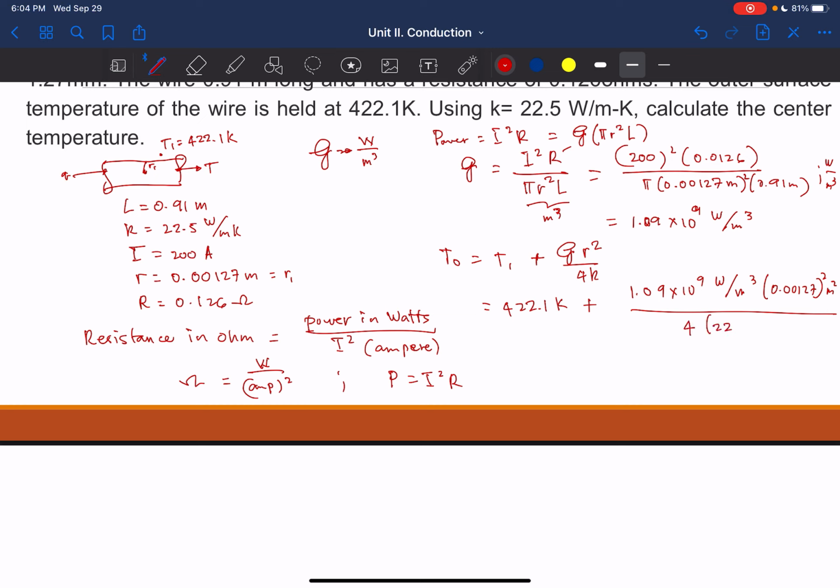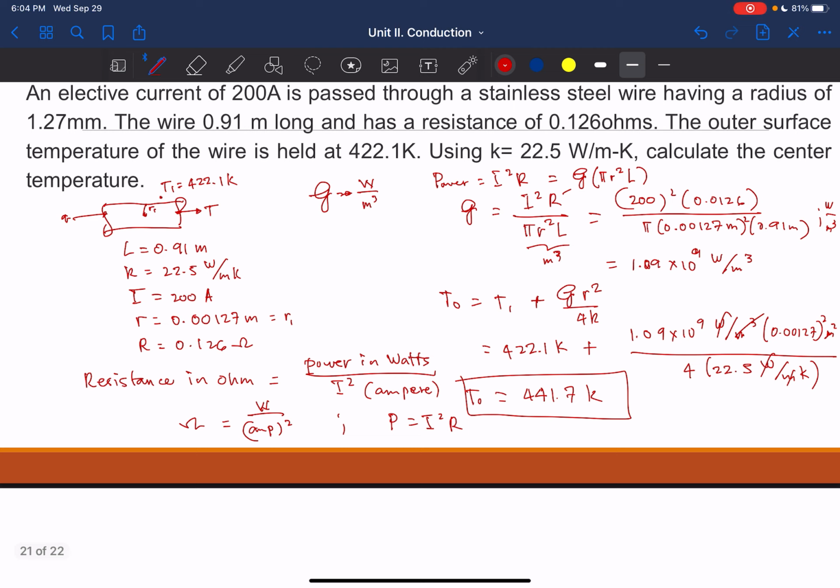K is 22.5 watt per meter Kelvin. So you get meter, watt, cubic meter, meter squared. Finally get T0 to be around 441.7 Kelvin. Okay? I think this is different from the one that I gave in the module, so at least you have additional problems to work on and to understand.